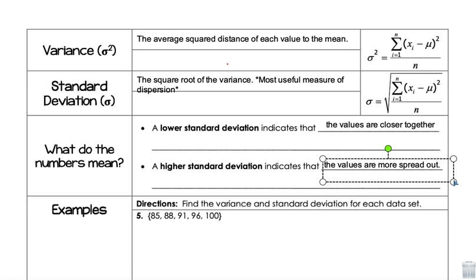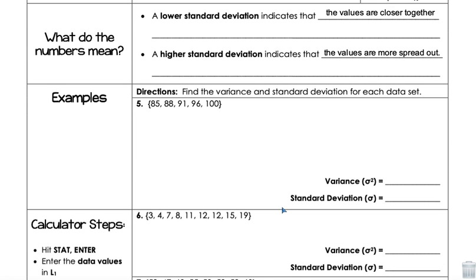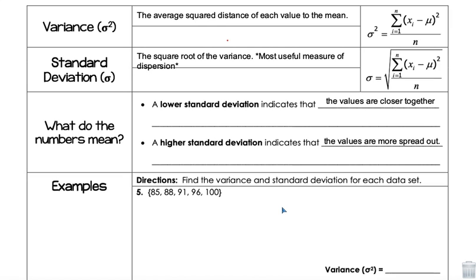So if we look at the formula above, again, this is the symbol indicating sum. So we're summing all of the values in the data set when we subtract it from the mean and square it. We're going to sum all of those and then divide by the number of terms we had.